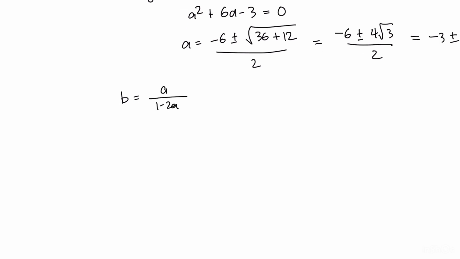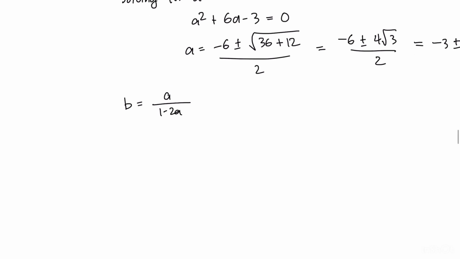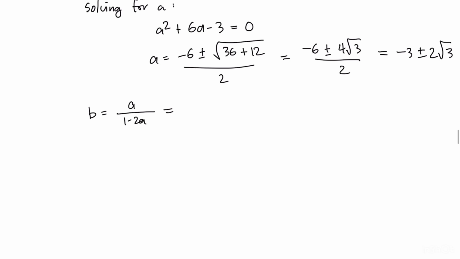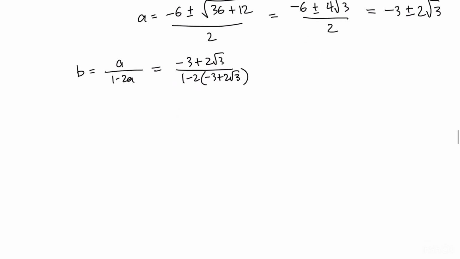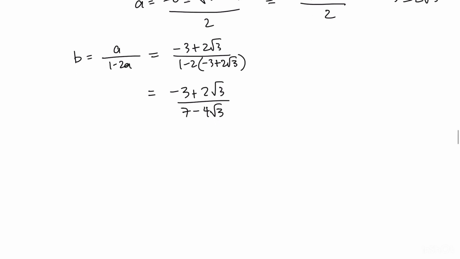This is from the fourth equation, which is equal to negative 3 plus 2 square root of 3 all over 1 minus 2 times the quantity negative 3 plus 2 square root of 3. Now this becomes negative 3 plus 2 square root of 3 all over 7 minus 4 square root of 3.